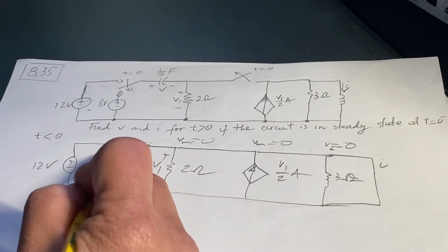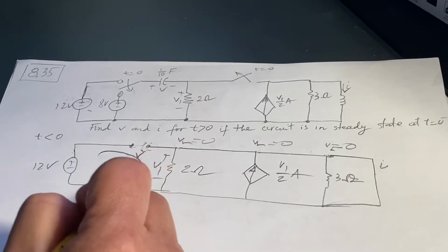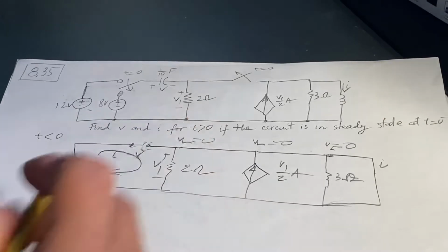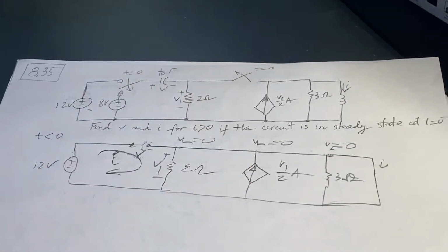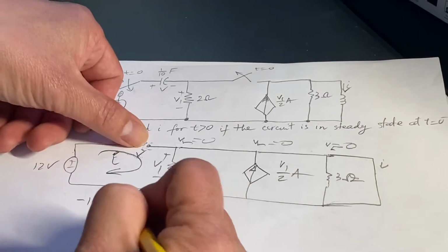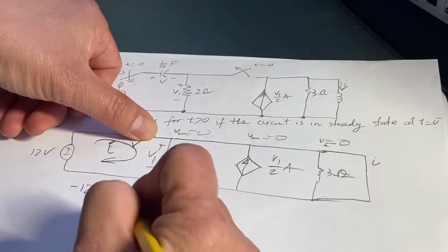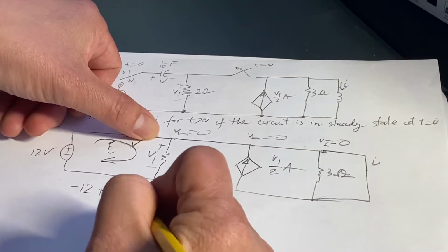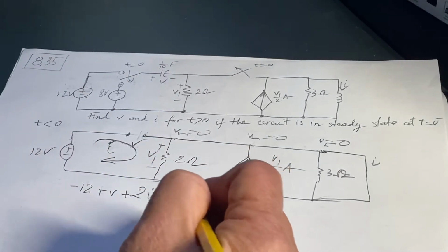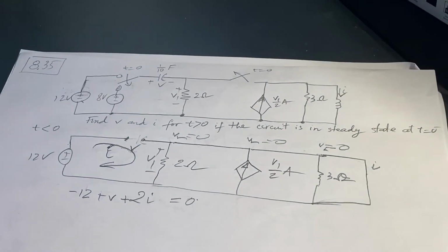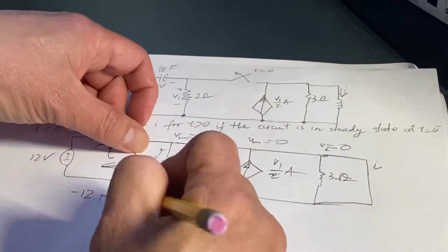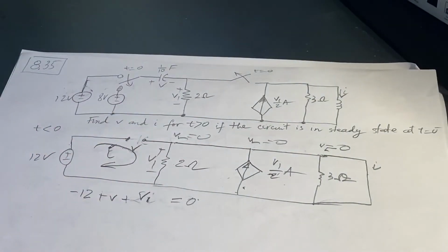So I'm writing the voltage equation for this loop. I call this current I, and I call this one current I. So I got the equation: 12 volt plus V plus 2I plus V1 equal 0.